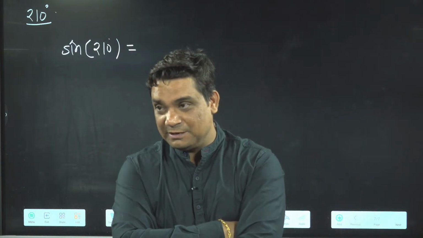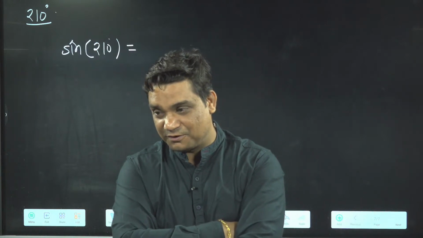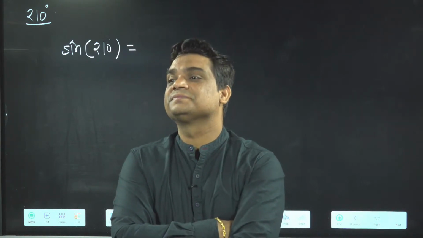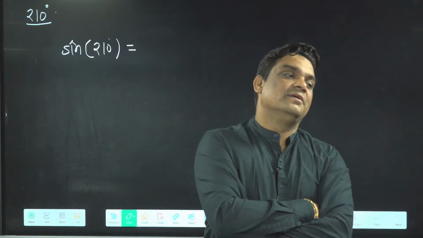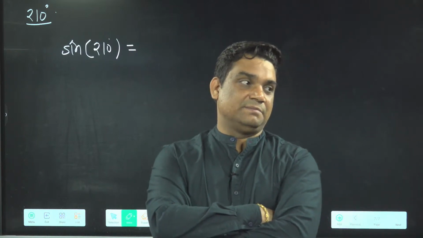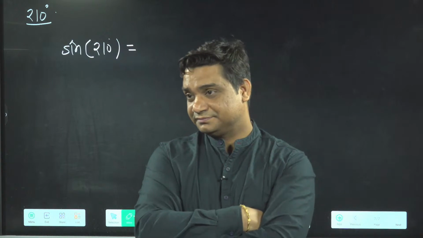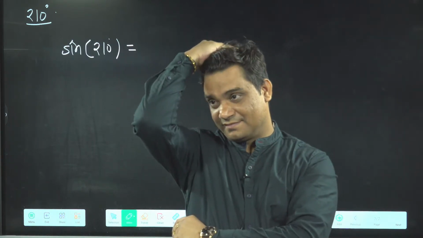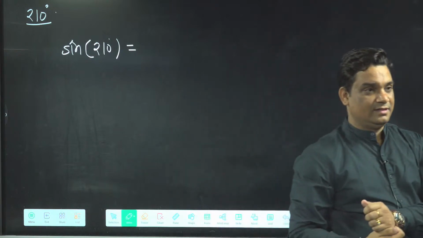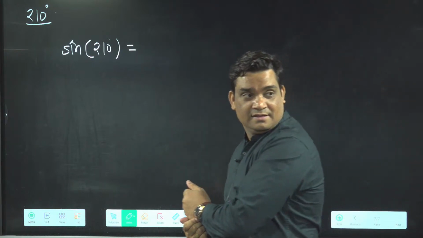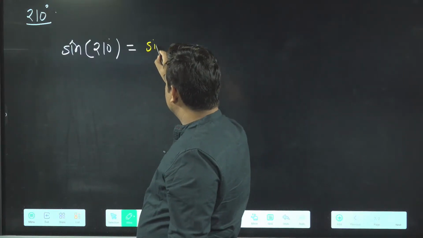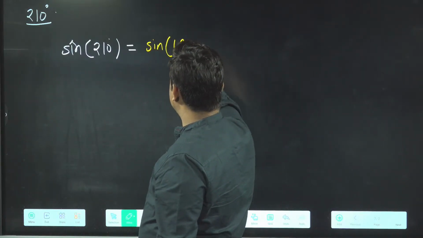First of all, you need to tell me plus or minus, because this is the most important thing where mistakes are happening. Plus or minus. Minus half. People are saying minus half. Now we can write this one as sine 180 plus 30.